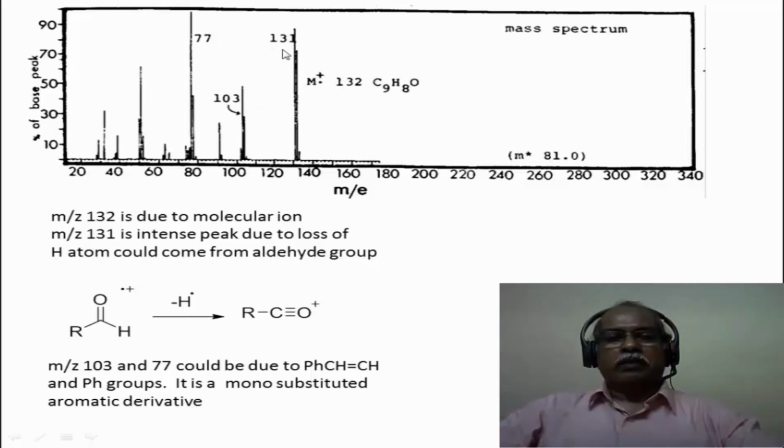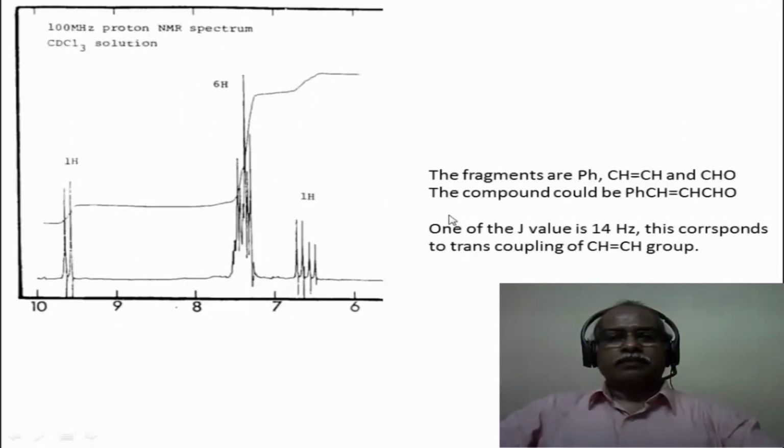A loss of 28 mass unit corresponds to 103, and from 103 it is a loss of an acetylene unit corresponding to 26 mass unit, which gives 77. So from the molecular ion peak, you lose a hydrogen to give 131, then lose a carbon monoxide to give 103, and lose an acetylene molecule to give 77. So the fragmentation is fairly easy to understand in this particular case.